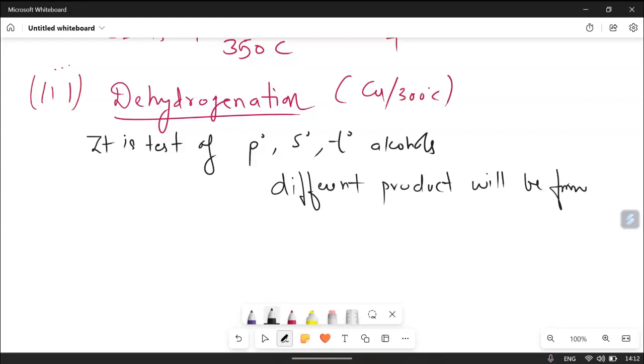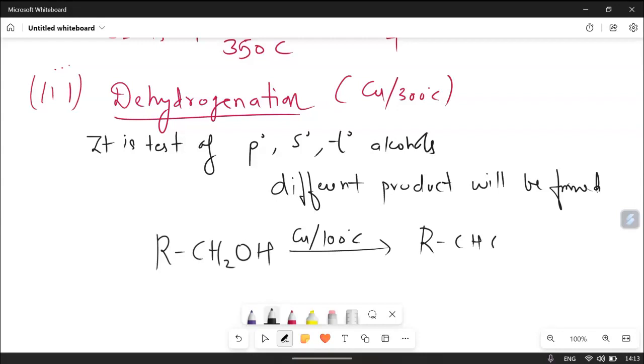So what we have to do in this reaction, suppose we have primary alcohol RCH2OH. It is treated with copper at 100 degrees Celsius. It will form RCHO aldehyde plus H2 gas removed.